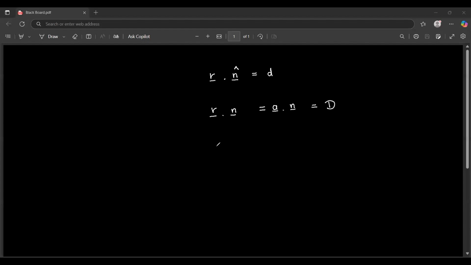And then you can come up with the Cartesian equation, ax plus by plus cz is equal to d, where n is given as (a, b, c). What I want to highlight here is that the coordinates of n will be the coefficients of x, y, and z respectively. This is a small thing that you have to keep in mind.